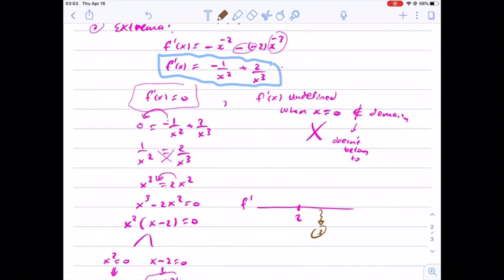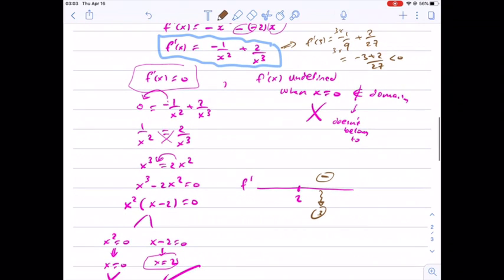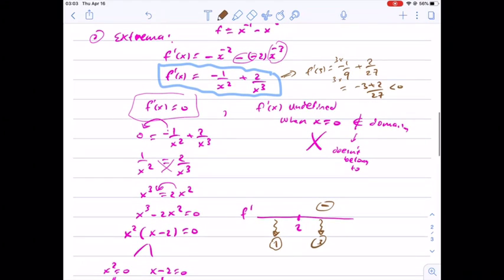Let's choose a value greater than 2, like 3, and plug it into f prime. f prime of 3 is negative 1 over 9 plus 2 over 27, and then multiply this by 3 to get a common denominator. You get negative 3 plus 2 over 27, and this is less than 0. So this is negative.